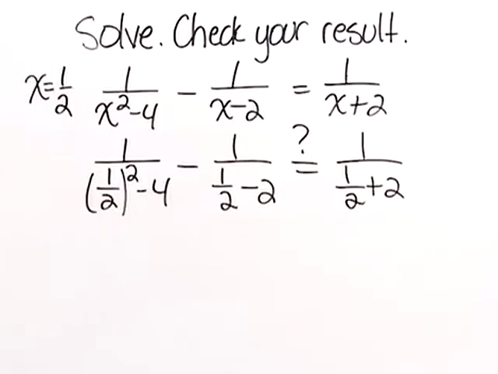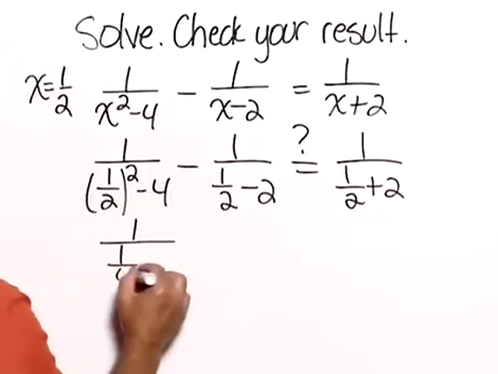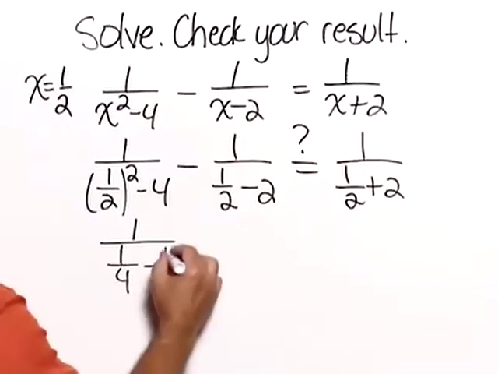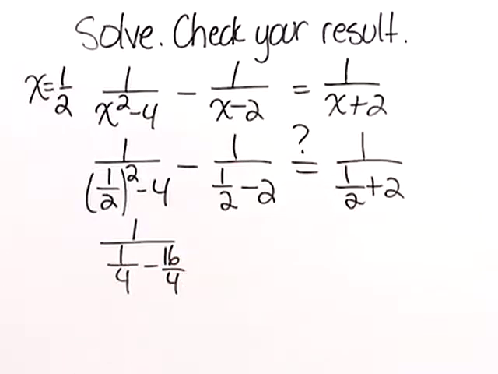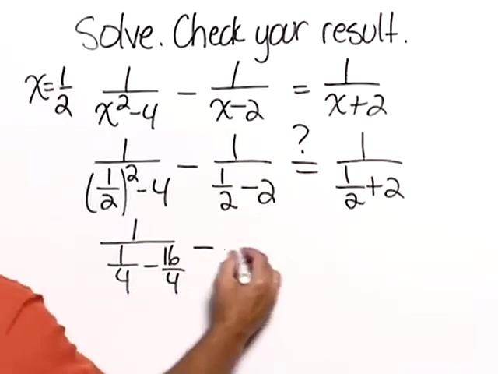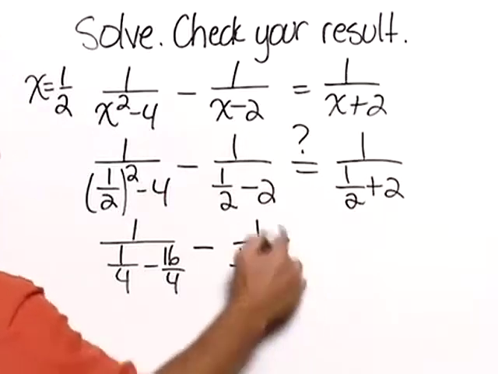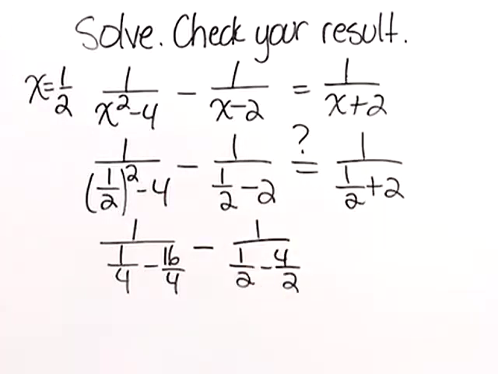1/2 squared is 1/4. And so we would have 1 over 1/4 minus 16/4, changing the 4 into 16 over 4, minus 1 over 1/2 minus 4/2, changing the 2 to 4 over 2.